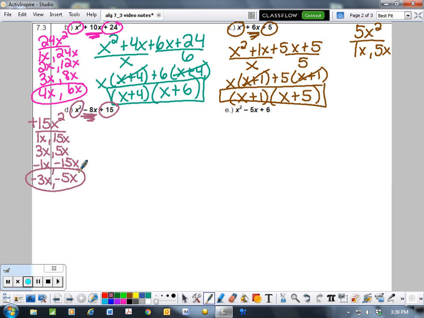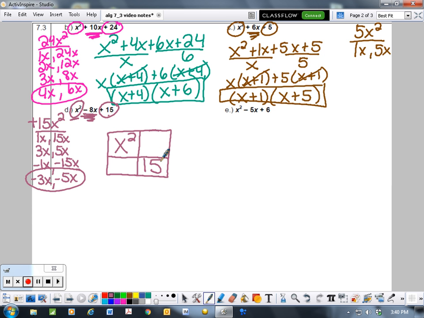So now our option is we could do grouping method, which we worked on before, so there's no big deal. But now we can actually do the box method. And some people really like the box method here instead of doing the grouping method. And so with the box method, everything that's circled goes inside the box. So here I have x squared, that's going to go there. Here I have 15, and that's going to go there.